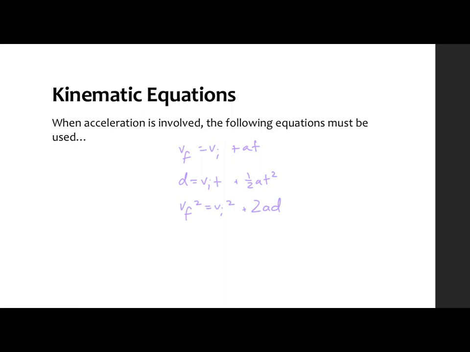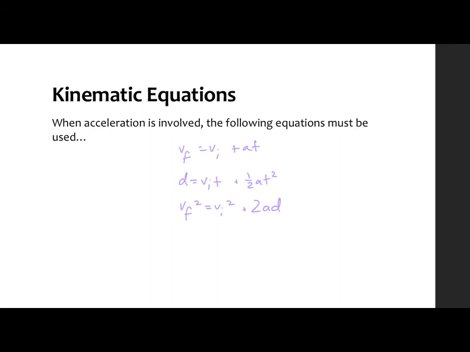You can't use any of these equations unless you have an acceleration. When acceleration is involved, you're going to use these equations. The keyword you need to look for is two different velocities or the word acceleration. But if you have a scenario where velocity is constant, then you don't have acceleration.